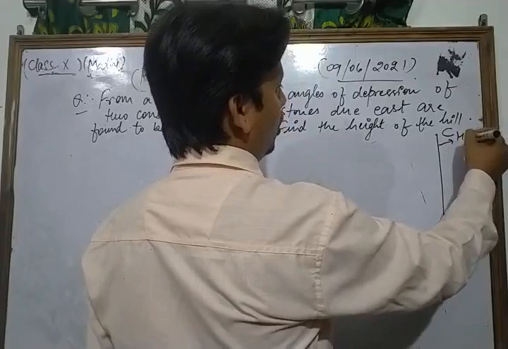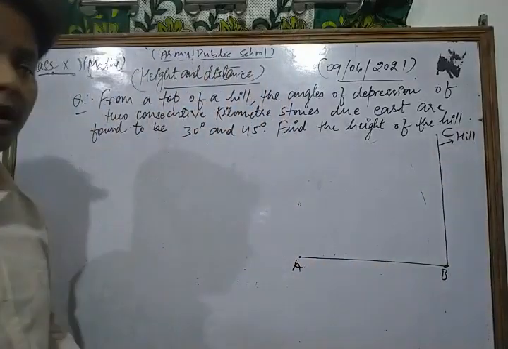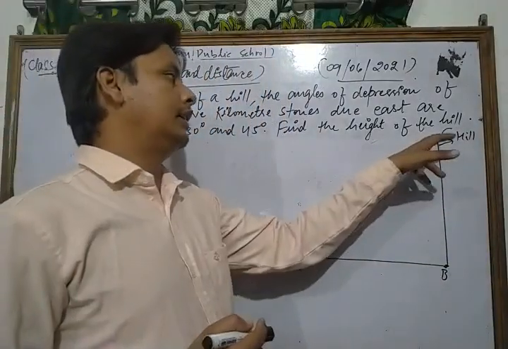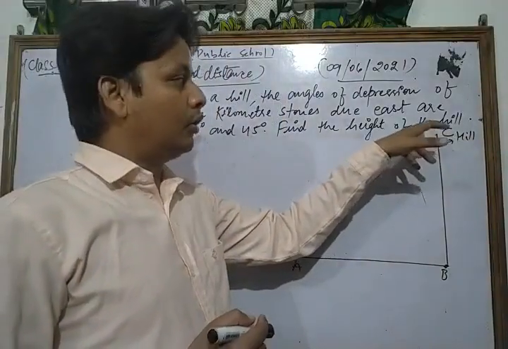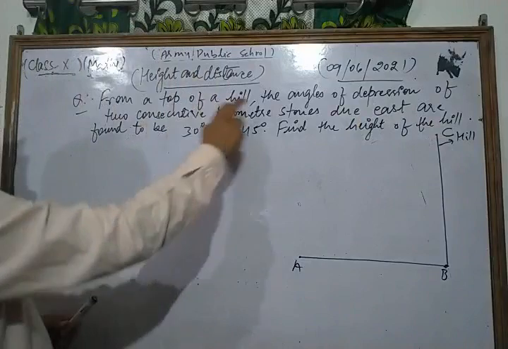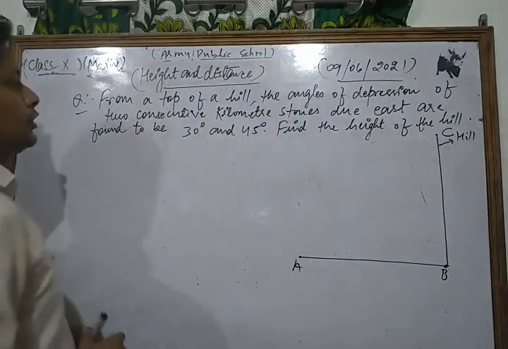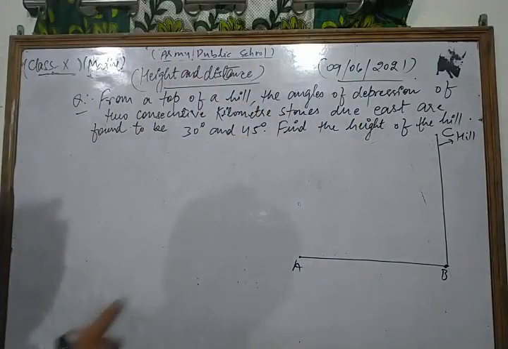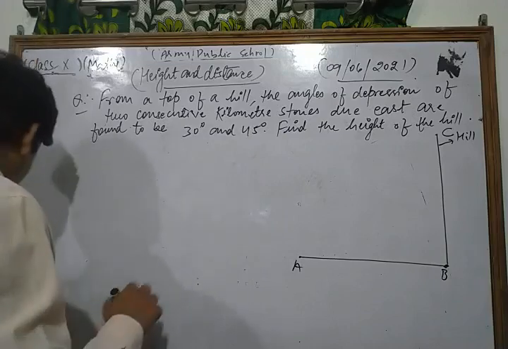Now the observer is at point C. At point C, the observer measures the angle of depression of two consecutive kilometer stones due east. Okay, two kilometer stones are there.